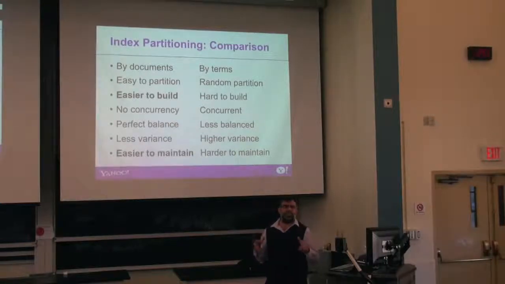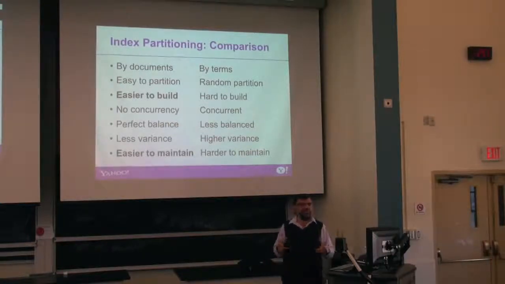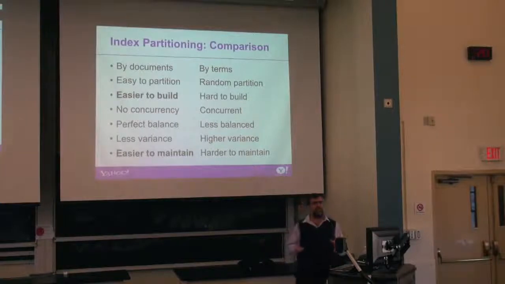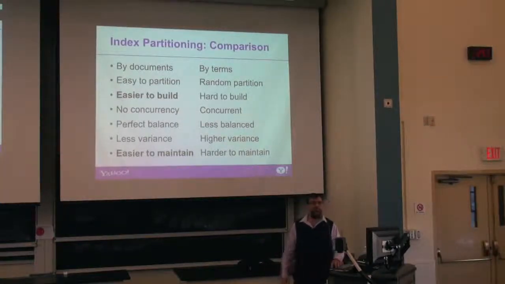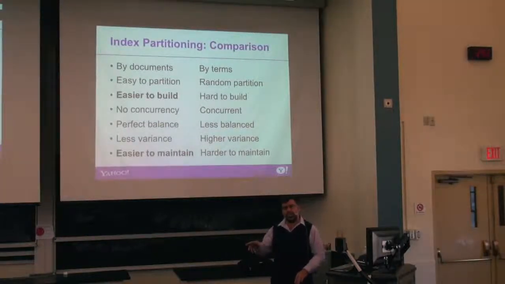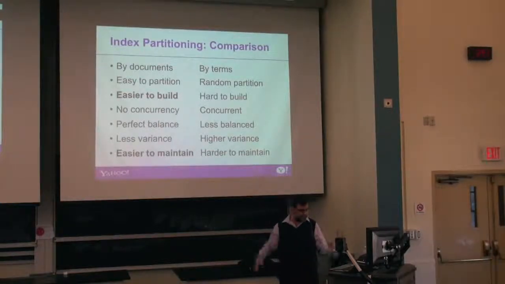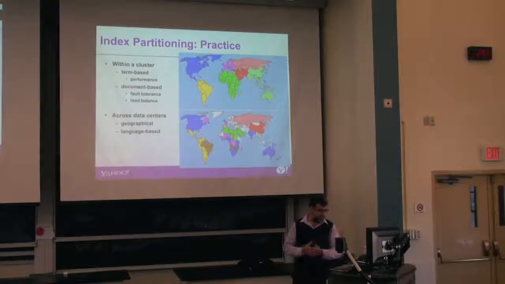You need to build the complete index, you need to update the complete index, while if you have document partitioning, you can build local indexes. And that's the main reason most systems still use document partitioning. One possibility would be to use term partitioning at the local level, and then document partitioning at the global level. And we have practice with that.